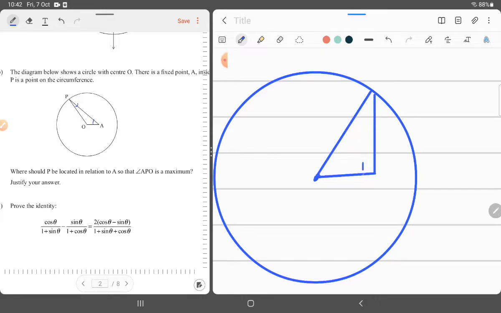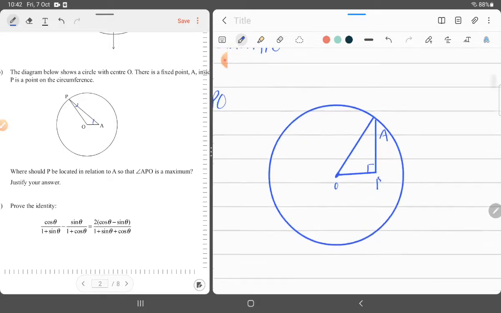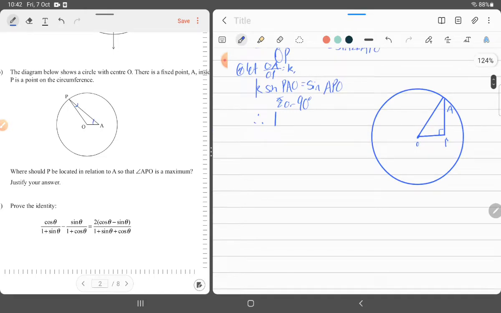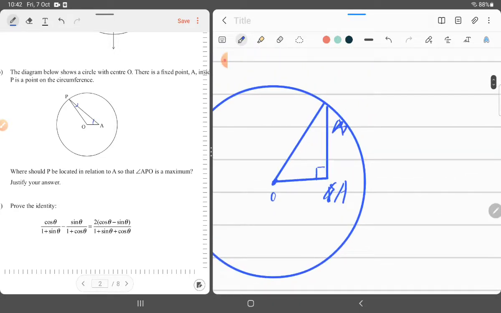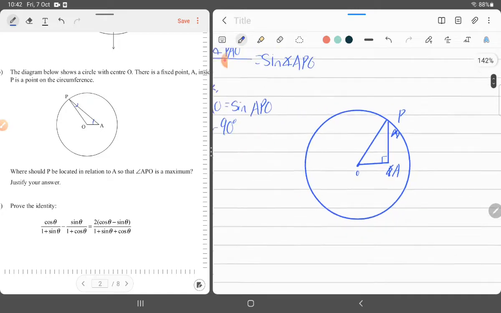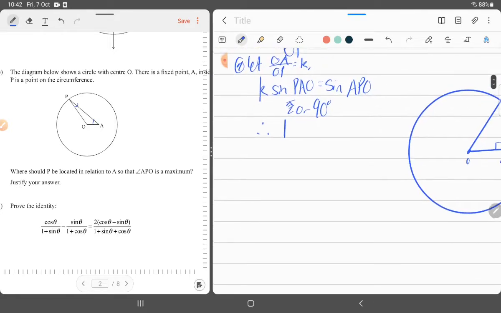We should create a right angle triangle. Sine APO should... wait, no, this is A and this is P. So sine PAO should be 90 degrees. So yeah, this should be created.